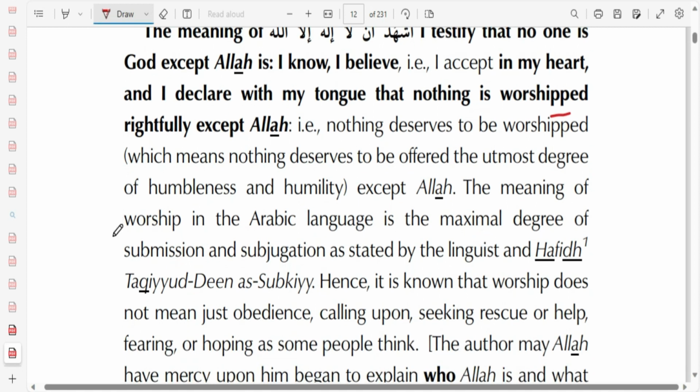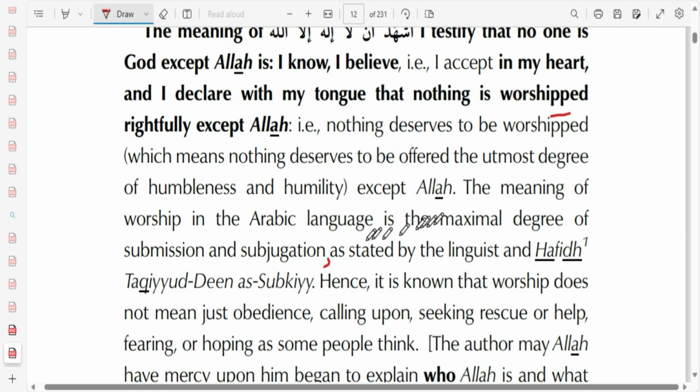The meaning of worship in the Arabic language is the maximal degree of submission and subjugation, as stated by the linguist and Hafiz Taqiyuddin as-Subki.